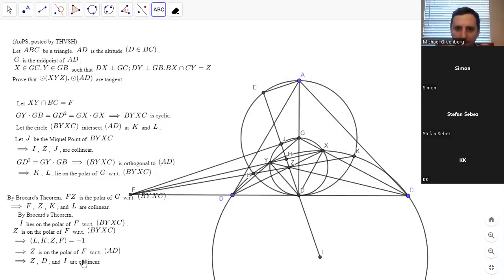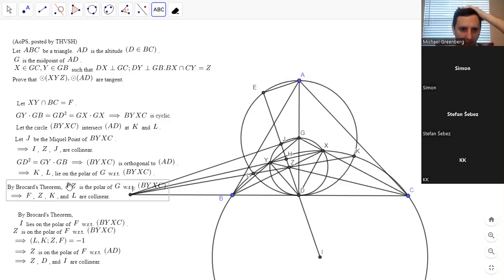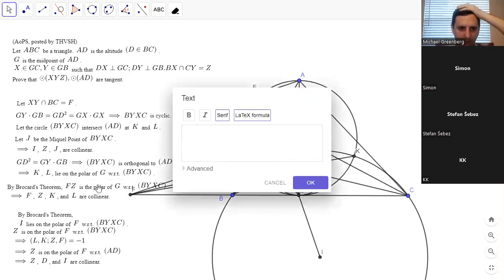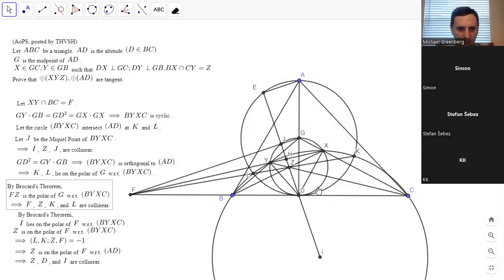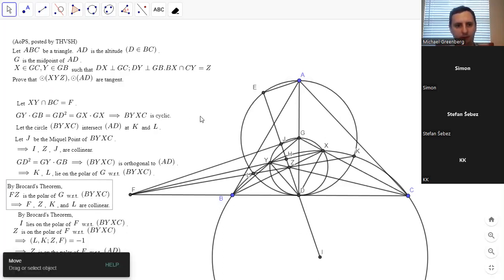ZDI are collinear. I'm going to break this up into another line. That looks better. Okay, so we know Z, D and I are collinear.